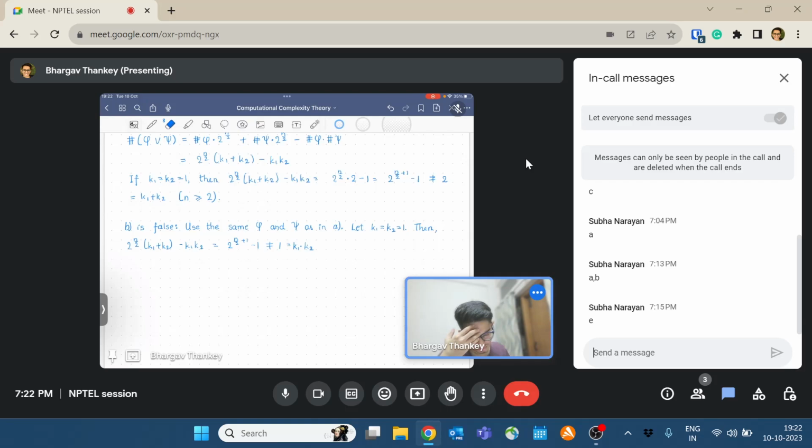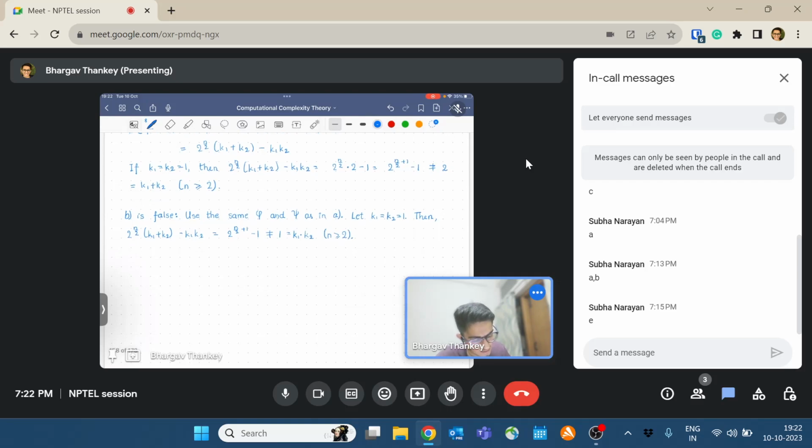Okay, then I think n should be equal to 2 maybe. Yeah. So B is also false.